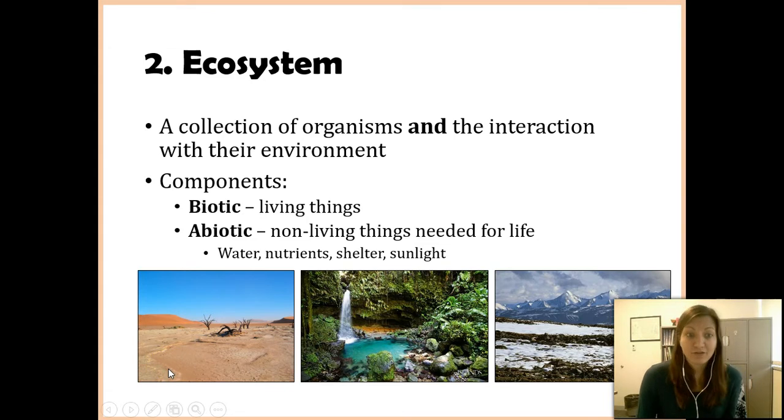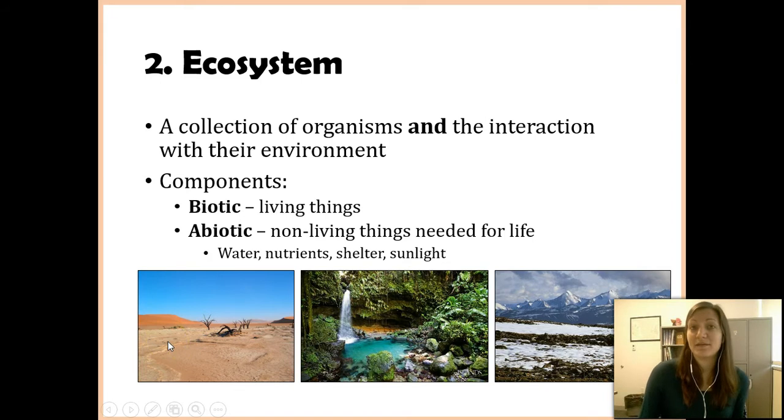The biotic things we can see, we have some trees. Now, although these are dead trees, they were living. An abiotic factor is something that never had life. Water was never alive. But these trees, although they're dead, they are biotic. They were living at one point. It looks like there might be some grasses or bushes in the background still alive.